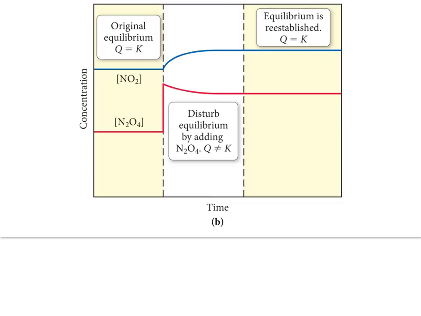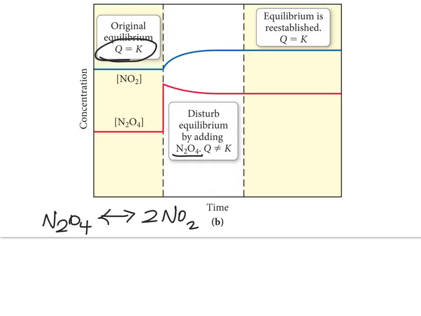Here's the opposite circumstance. In this case, we have the same reaction. Remember, we're going from N2O4 to 2 nitrogen dioxide. All right, so in this case, again, starting, Q and K are equal. This time, we've disturbed by adding more dinitrogen tetroxide.